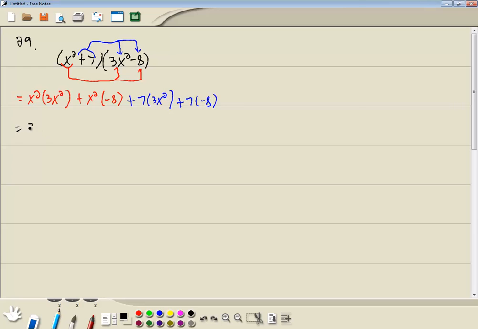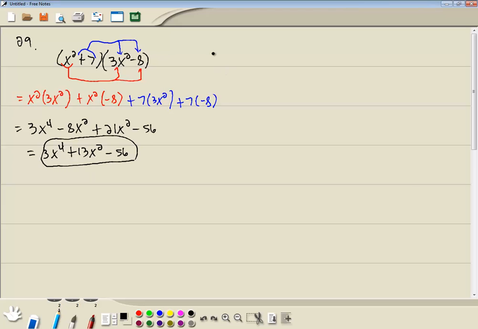Okay, x squared times x squared is x to the 4th, minus 8x squared plus 7 times 3 is 21x squared, and 7 times negative 8 is negative 56. Combine together like terms, x squared, negative 8 plus 21 is 13x squared, minus 56. And that's our answer.